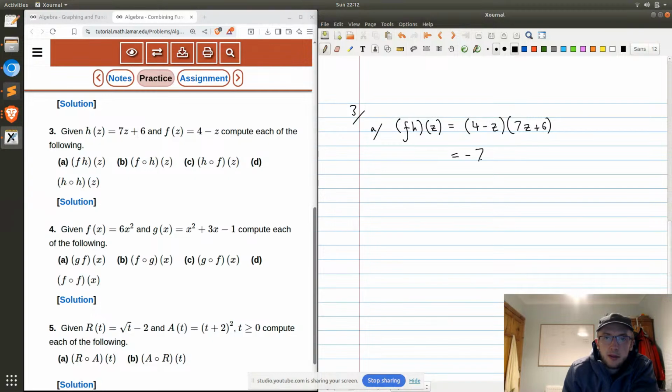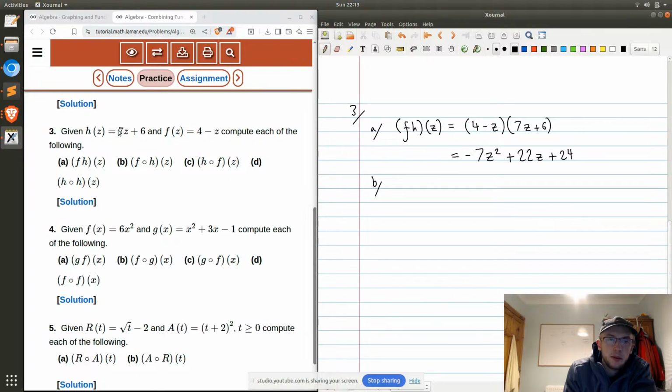So this will be -7z² plus 28z minus 6z, so plus 22z plus 24. Next up is f composed with h of z.